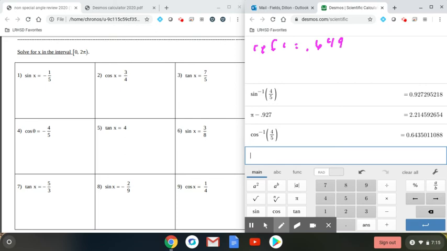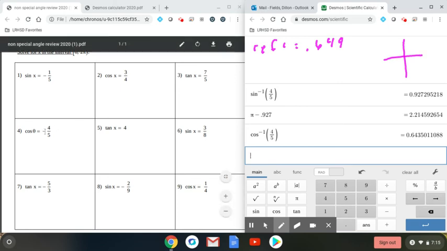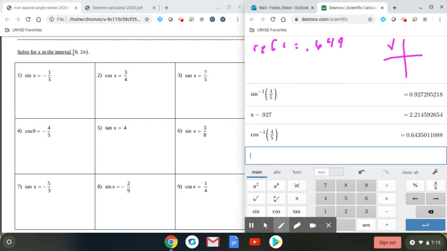Okay, now if we look back at number 4, the next thing we've got to do is figure out what quadrants we're in. Since cosine in this case is equaling a negative 4/5, and this is a negative value, what we're really saying is that x is now negative. So the two quadrants where x is negative are quadrant number 2 and quadrant number 3.